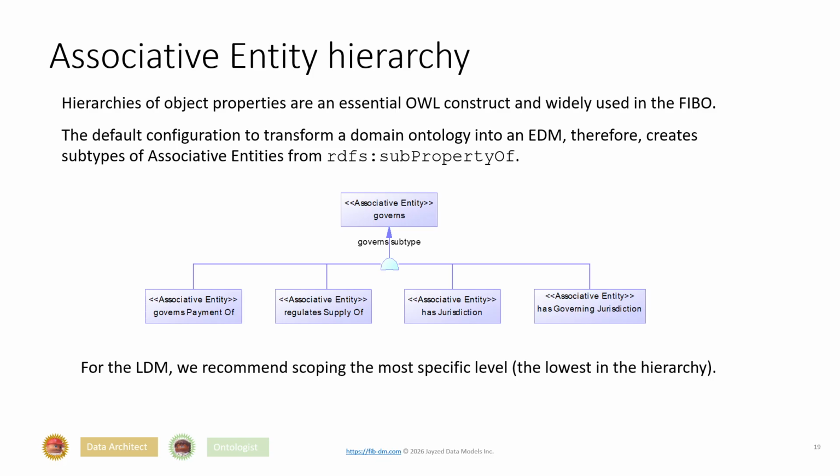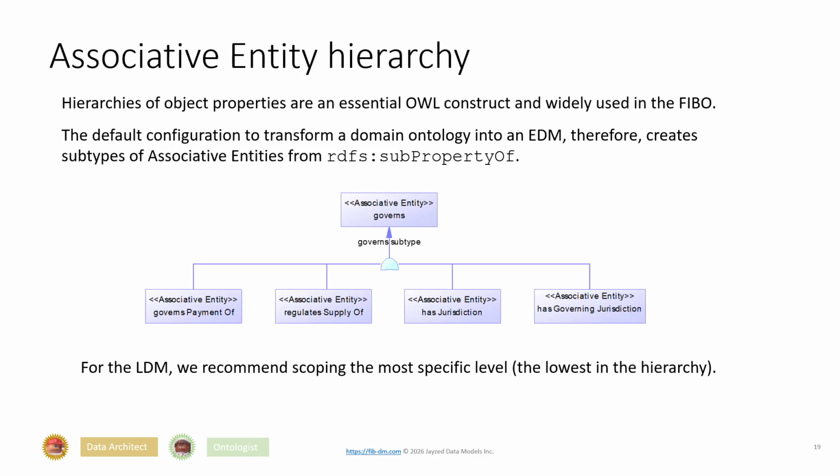And this is an essential OWL construct and widely used in the FIBO. So virtually all FIBO object properties are in hierarchies. The default configuration to transform a domain ontology into an enterprise data model therefore creates subtypes of associative entities derived from the RDFS sub-property of.